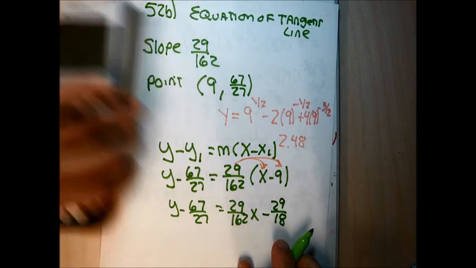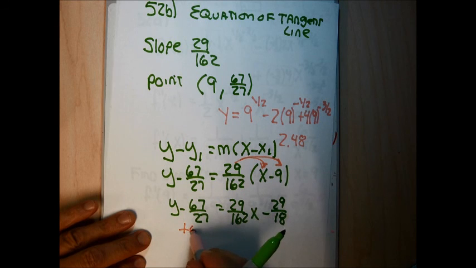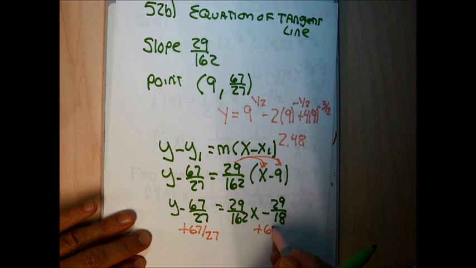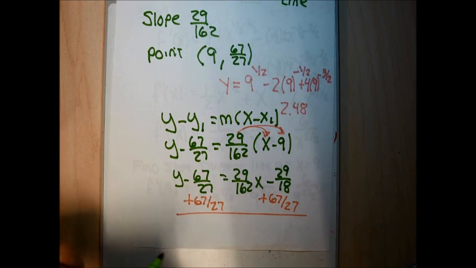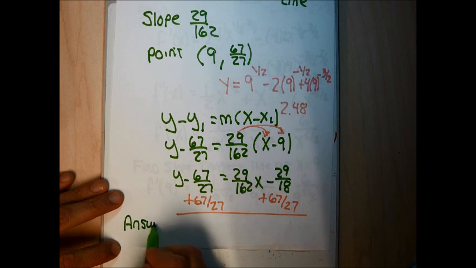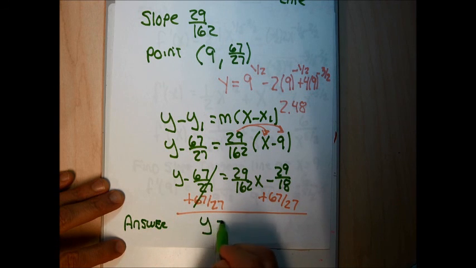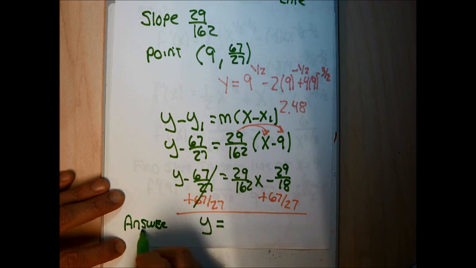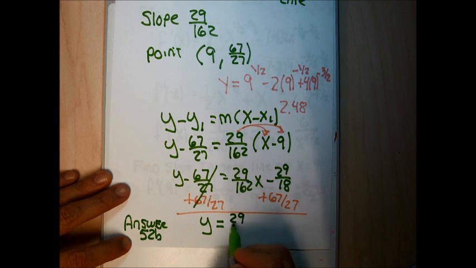I'm almost done. To finish up solving for y and get my answer to part B of 52, I'm going to add 67 over 27 to both sides. And then whatever this comes out to be will be my answer for part 52b. On the left side, the 67 over 27's cancel, so I'm left with a y. On the right side, the 29 over 162x doesn't get impacted by this.